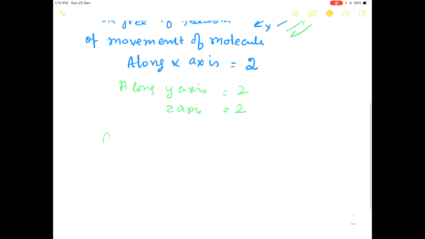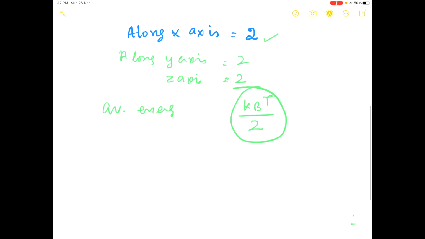So average energy along one axis is kBT divided by 2. And if there are three axes, then total energy is equal to 3kBT by 2.